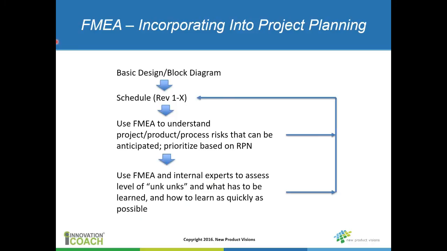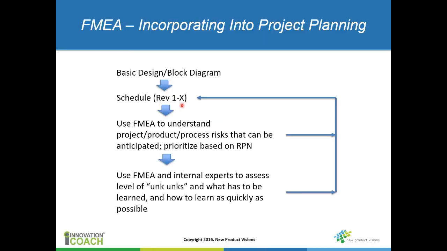Okay, in terms of FMEA and risk lists in general, I think typically how projects unfold is that you start with a project, you have some kind of basic design, maybe a block diagram. From this, you might develop a very high-level Gantt chart just to kind of get a feel for what the schedule looks like.